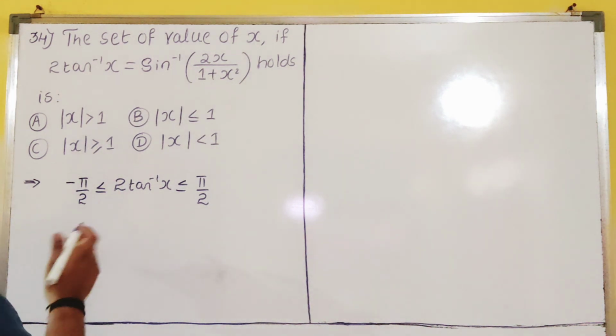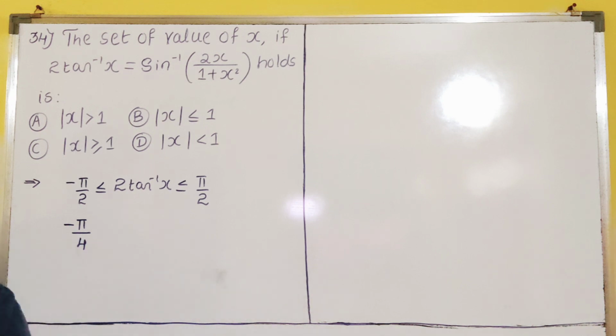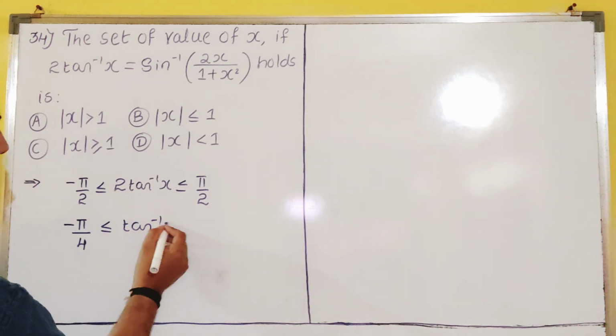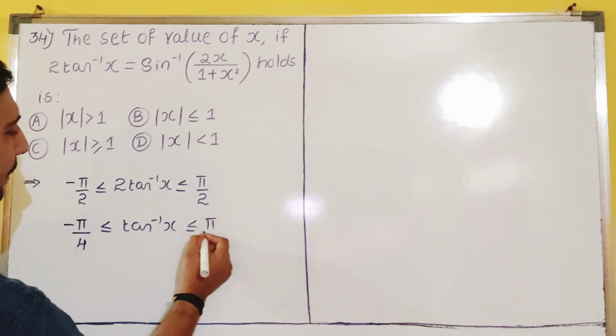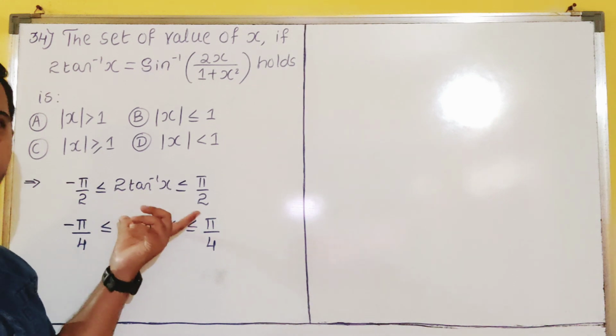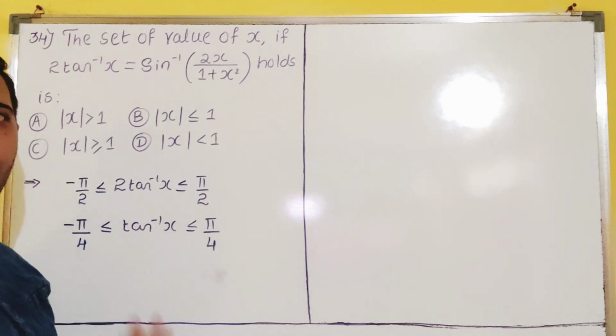So divide by 2 everywhere. Dividing by 2, pi by 4, the 2 will get cancelled, tan inverse x, and here also it is pi by 4. If you divide by 2, minus pi by 4 is less than or equal to tan inverse x, which is less than or equal to pi by 4.